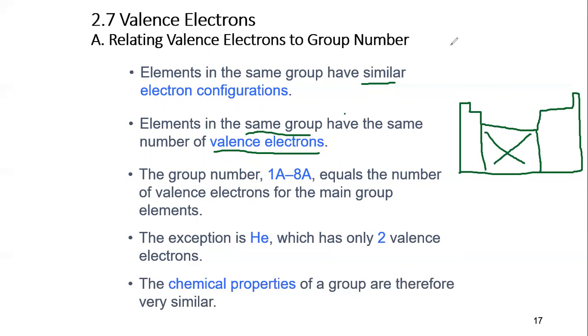As you go left to right, valence electrons increase. And so the maximum number of valence electrons you can have is 8, and the noble gases have 8 valence electrons.